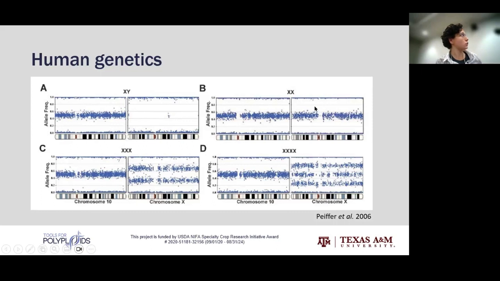Here's X and X, so both have heterozygous. Here's a trisomy, so you have a sample with the X, but with an extra chromosome. And also you have a tetrasomy here, that's 2 copies. You have 3 heterozygous classes. And I was like, I want what they have.